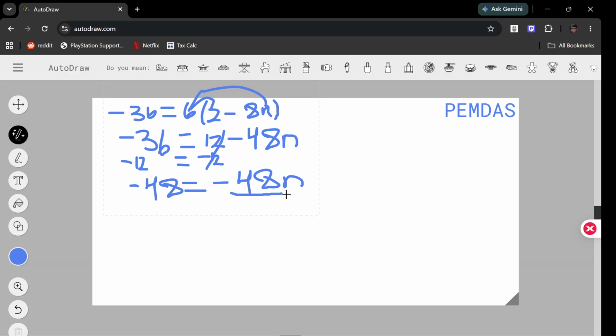Now we divide by 48 because we want it by itself. A way to write division is to put a horizontal line over the number and put the number below it. Then we just divide by 48.